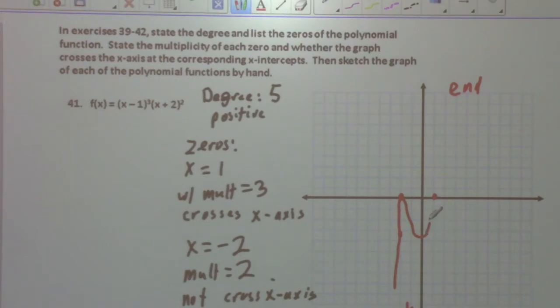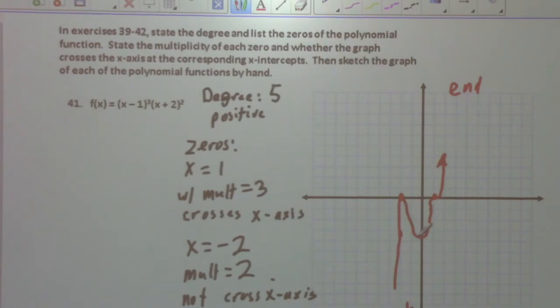As we approach 1, is that going to cross? Yeah. And what tells you it's going to have to cross besides multiplicity being 3? Where do we have to end? Doesn't that tell us we have to cross? Yeah, since we end up here.